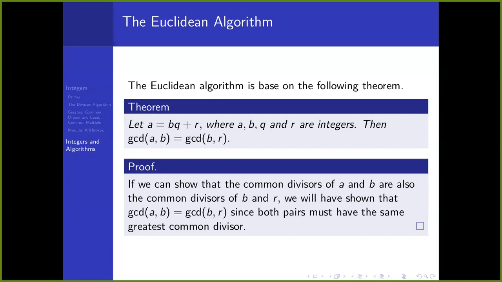So, when we apply this repeatedly, we keep reducing the problem of getting the GCD of two large numbers to a smaller problem of getting the GCD of two small numbers. So our strategy is this.